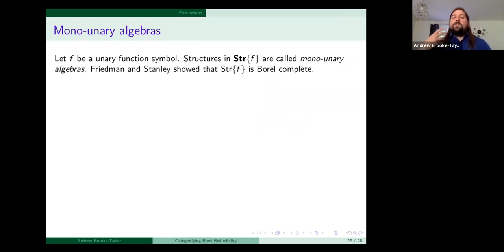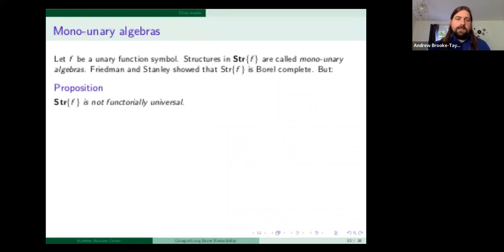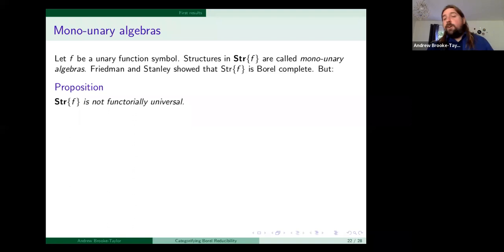They show that structures for a mono-unary algebra is a Borel complete class of objects, but it's not functorially universal. So already we're getting separation between our categorified framework and the Borel reducibility framework.